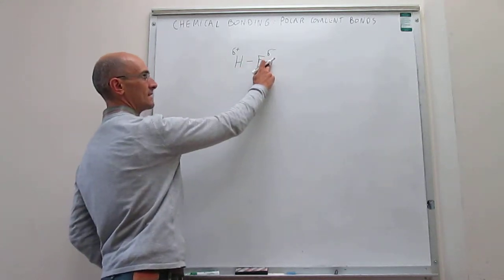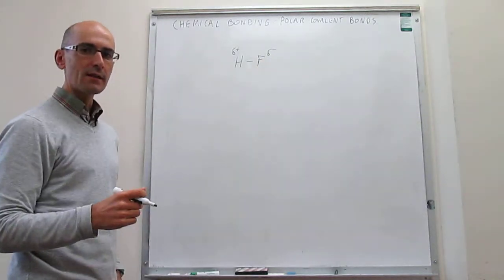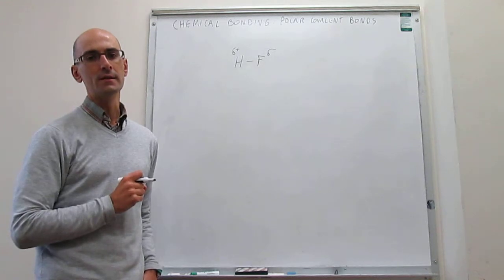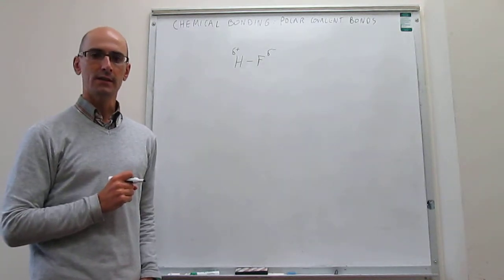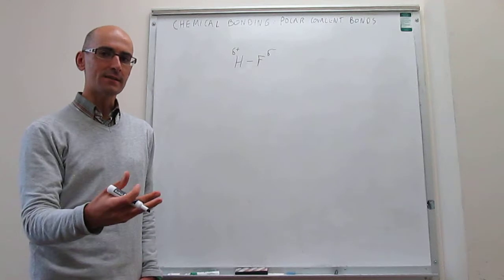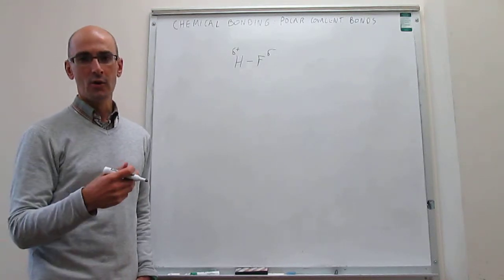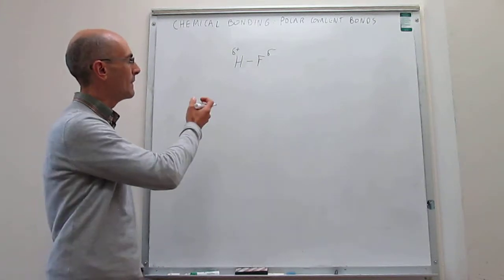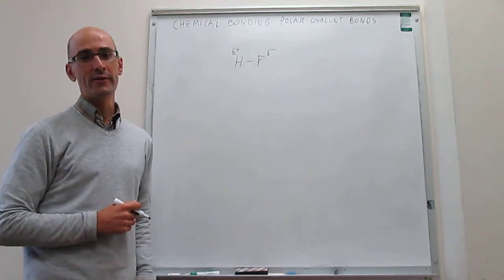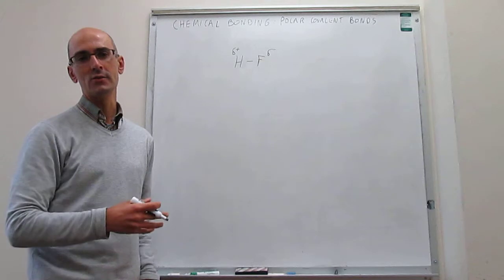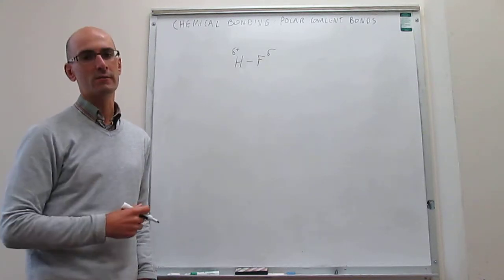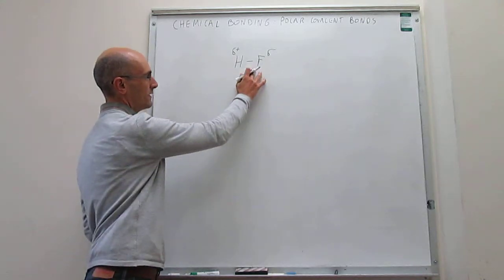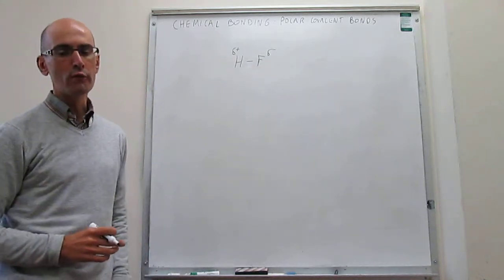Since the fluorine atom has a negative charge, that means that fluorine somehow is able to attract the electrons in the bond a little bit more strongly than hydrogen is. So that excess of electrons around the fluorine atom confers a partial negative charge, and the positive charge in the hydrogen atom is because that hydrogen atom is attracting fewer electrons than it had before. So this is what we call a polar covalent bond.